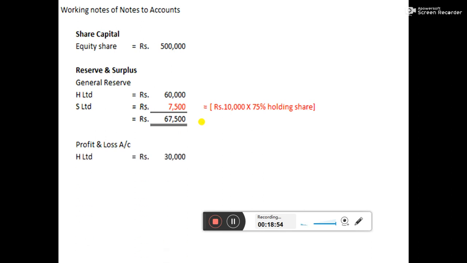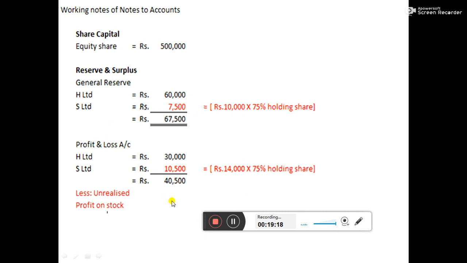Now the profit and loss account of H Limited is rupees 30,000. For S Limited, 14,000 was the full year profit. Out of this 14,000, 75% will go to holding for preparing the consolidated balance sheet. So 40,500 is the profit. Now an important adjustment will come into the picture. The important adjustment is unrealized profit on stock.